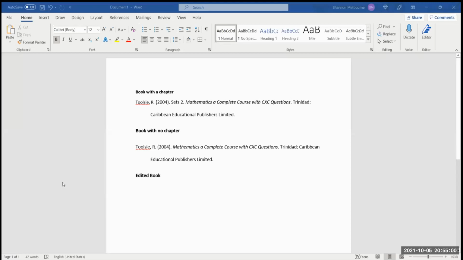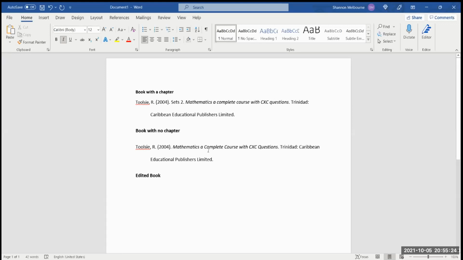All right, so why do I think something is wrong with the title? So this is book with a chapter. I'm seeing several capital letters. What are we supposed to do with the capitals? So complete should be lowercase, and course should be lowercase, and question should be lowercase. Begin with a lowercase letter. Questions should be lowercase, right?